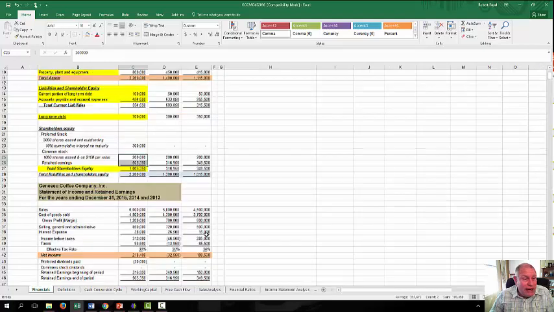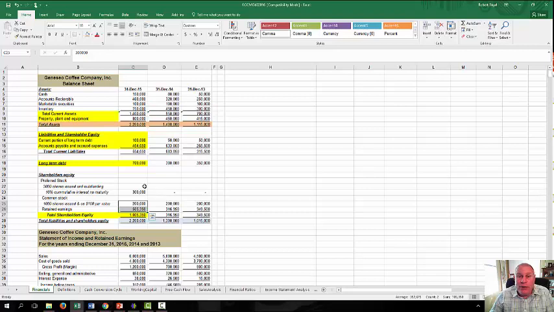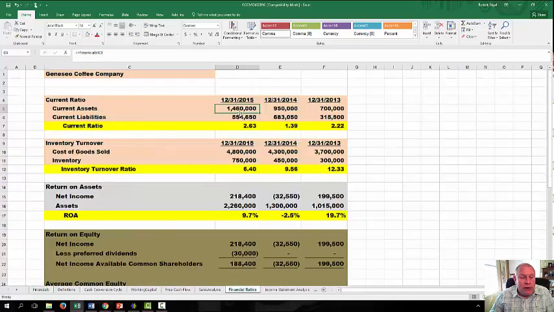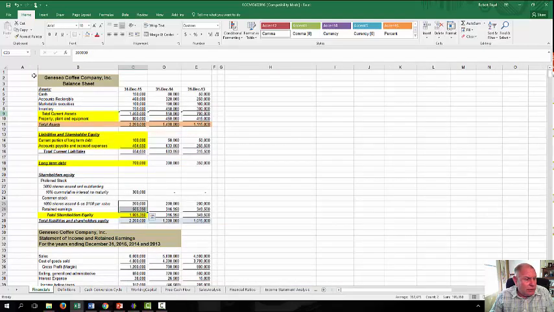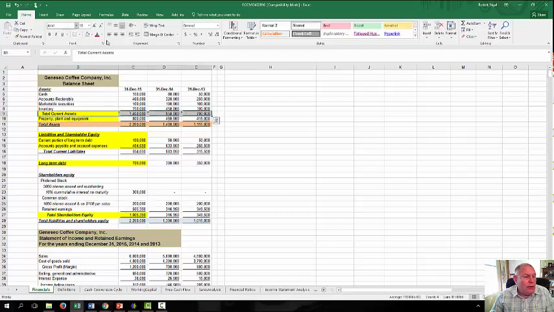Everything refers back to the basic financial statements, as we saw with free cash flow. So now when we look at this, current assets are $1,460,000, $950,000, and $700,000. I referenced that back over to financials, C9, and we can now see all of them. So there's our opportunity to get that information.